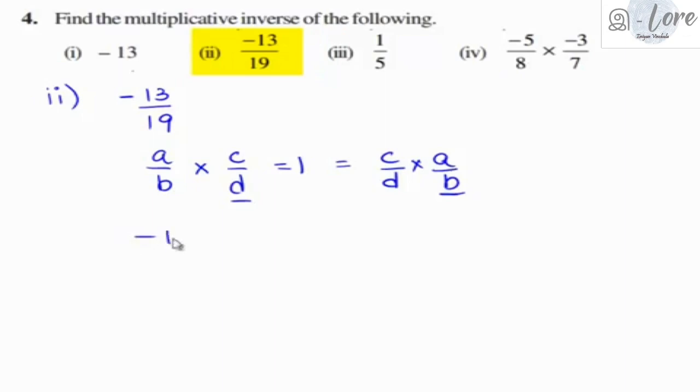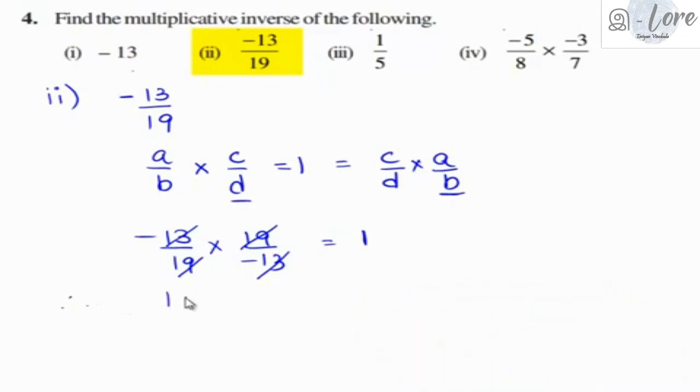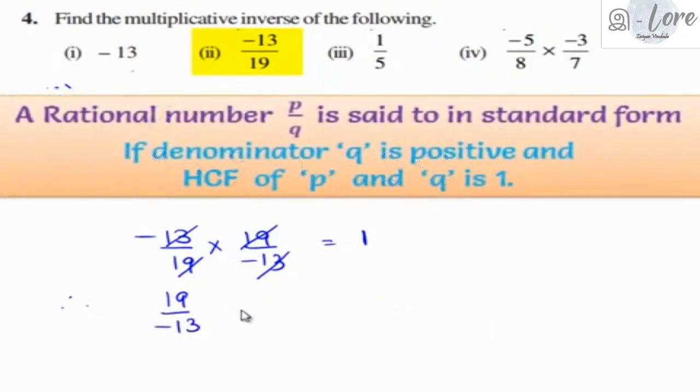Now we can come to the question, minus 13 by 19. If you multiply with the rational number 19 by minus 13, the common factors cancel: 19 and 19, and 13 and 13 also get cancelled. The resultant will be minus 1 into minus 1, which is equal to 1. So the multiplicative inverse of minus 13 by 19 is 19 by minus 13. Here, in the p by q format, the denominator should be positive, but here it is negative.